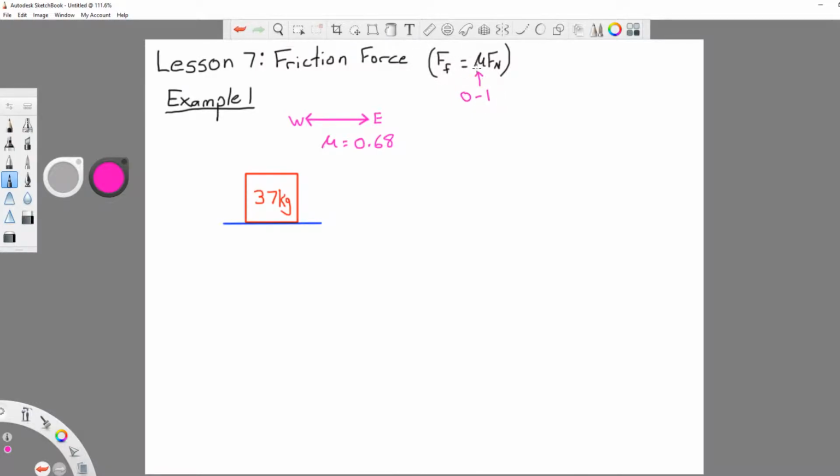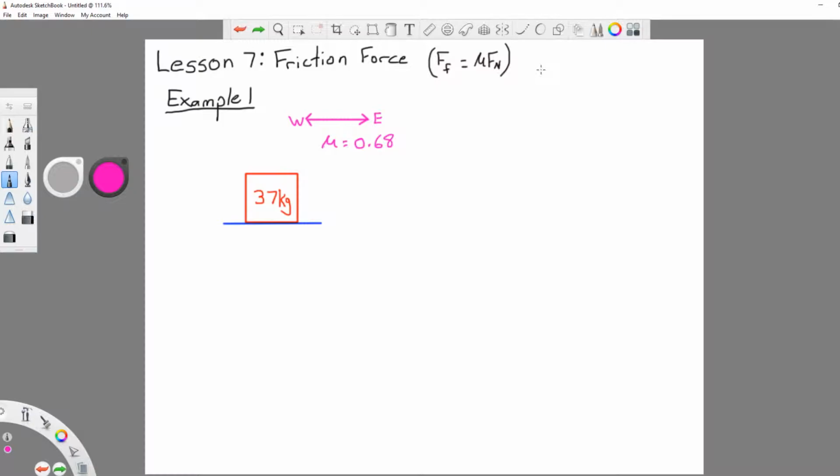That said, coefficient of friction can go beyond 1. We can have extremely rough surfaces that require more force to drag something along them than that object's weight in newtons, the force normal. Okay, so with that out of the way, let us begin this question.